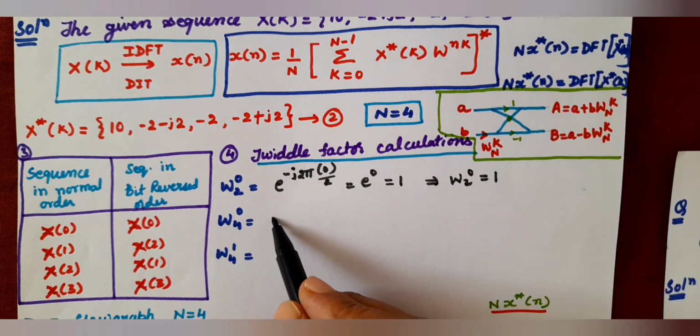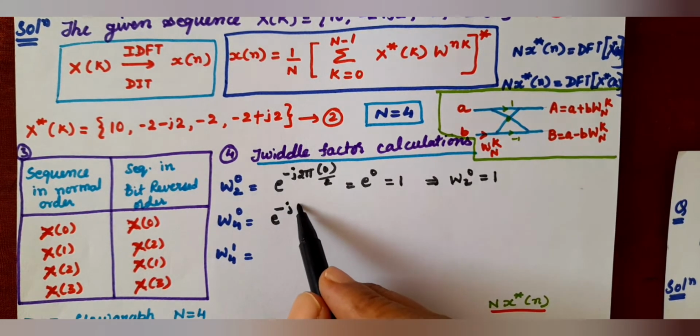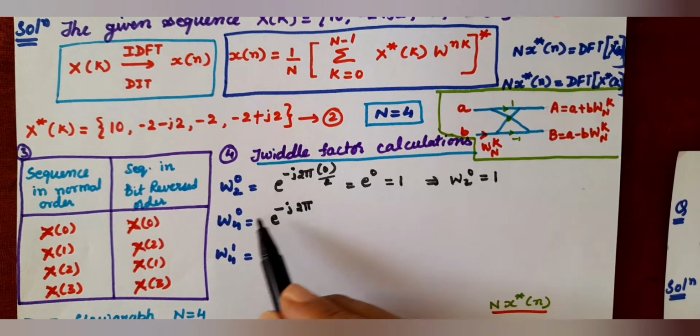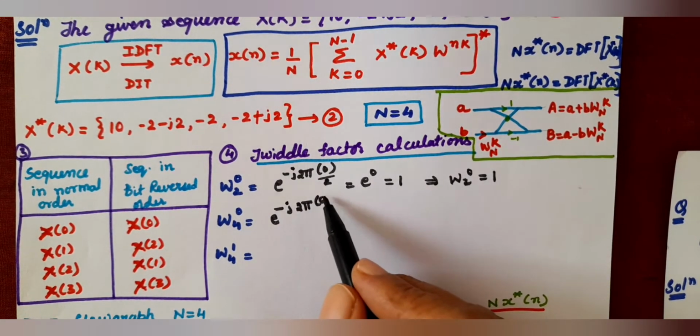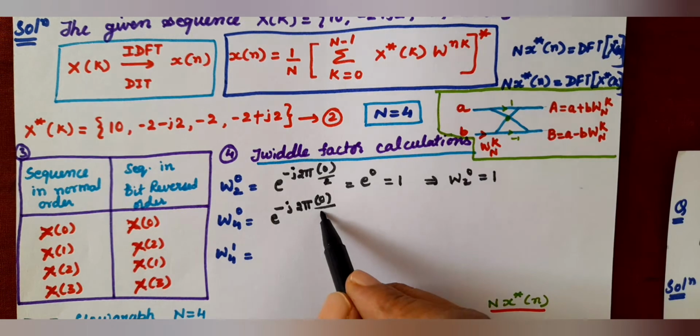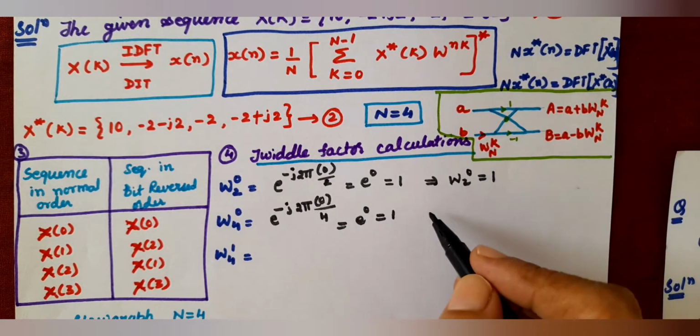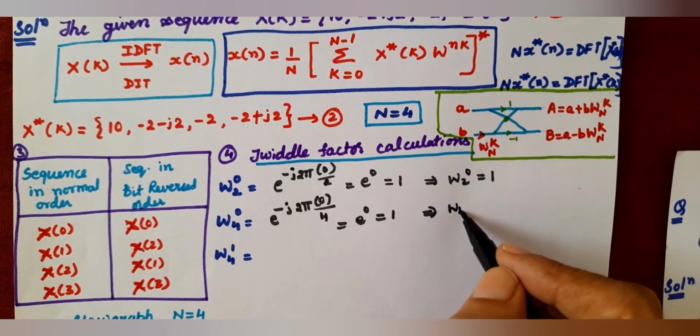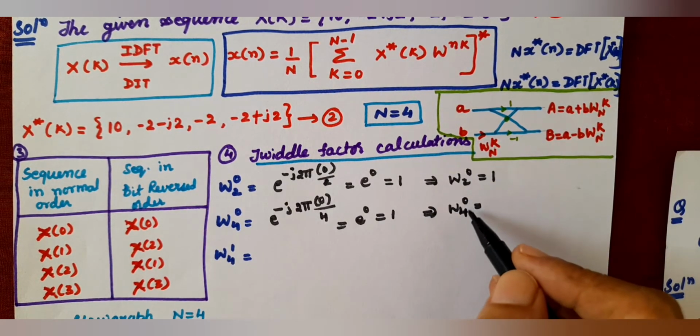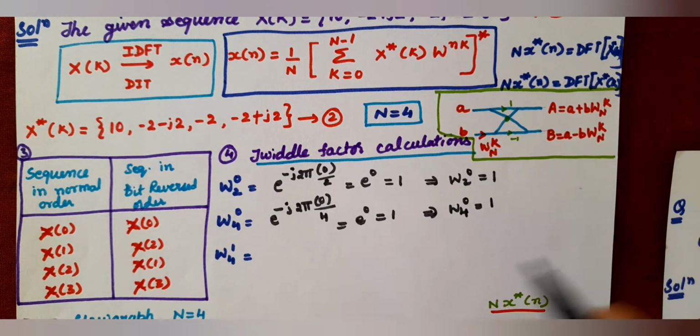W4 to the power 0 is e to the power of minus j 2 pi, where k value is 0 and n value is 4, so e to the power 0 is 1. So W4 to the power 0 is 1.